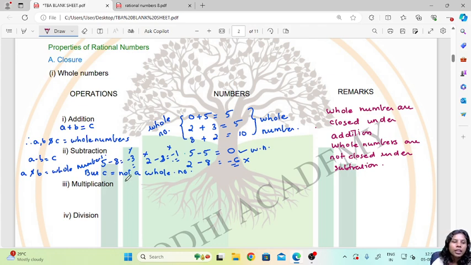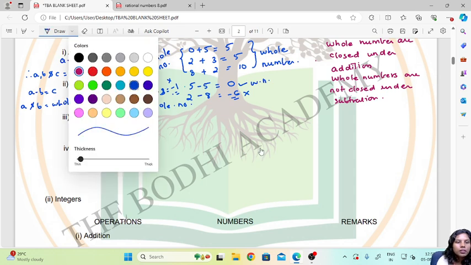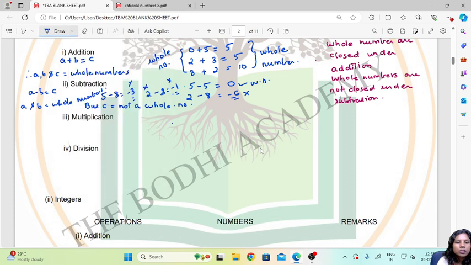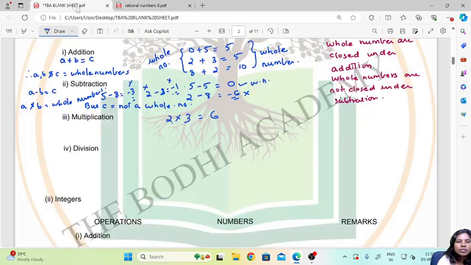Now let's go ahead and look at multiplication. Say I have 2 into 3. In this case what will we get? 6. Then say I have 0 into 3 and this is also 0. These are whole numbers.